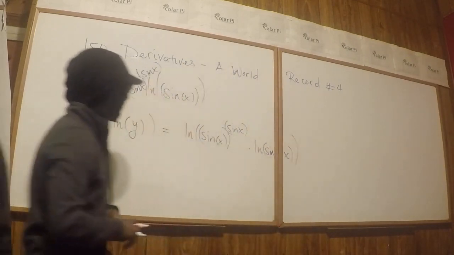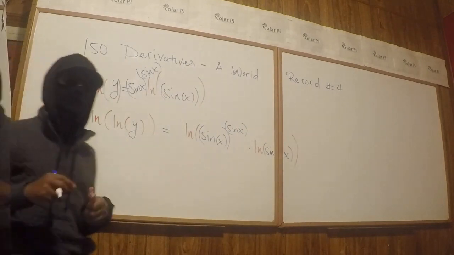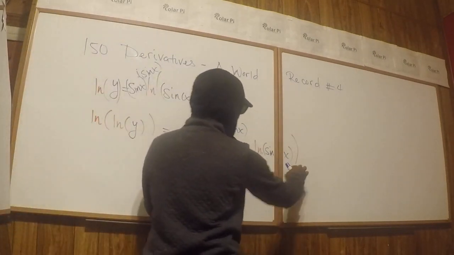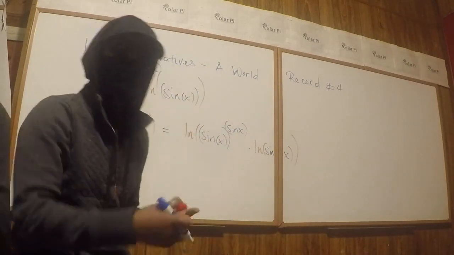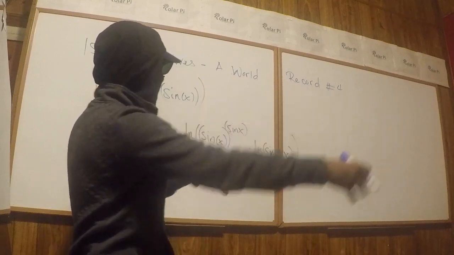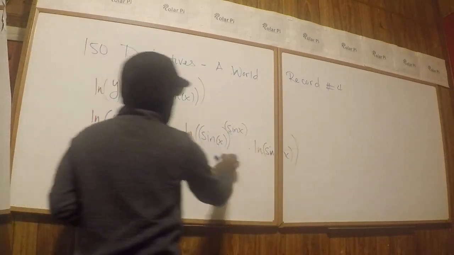Now we use the product log rule, because we have the log of something times something. Remember, we can split it into a sum of the natural log of both things in the product.